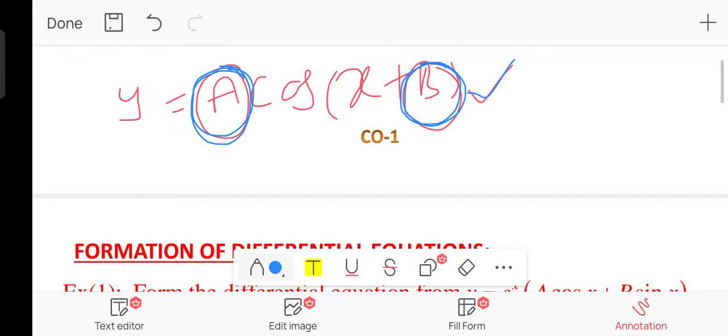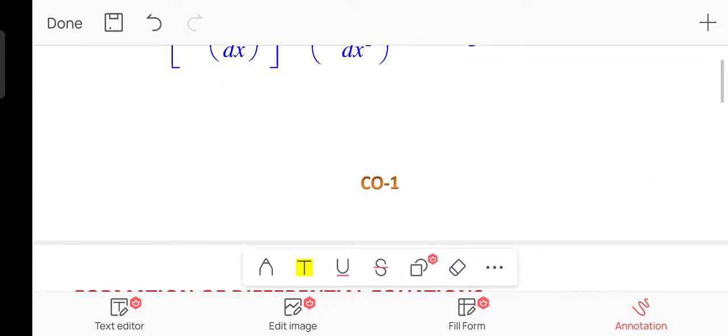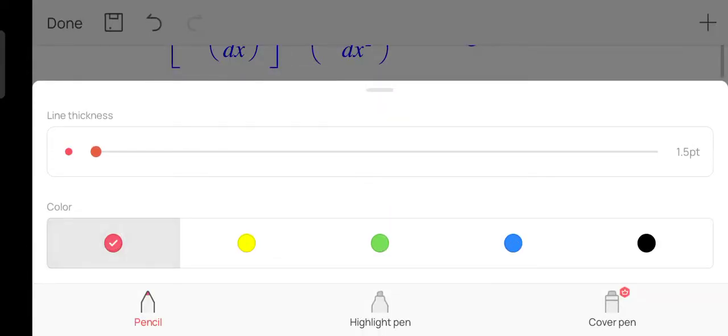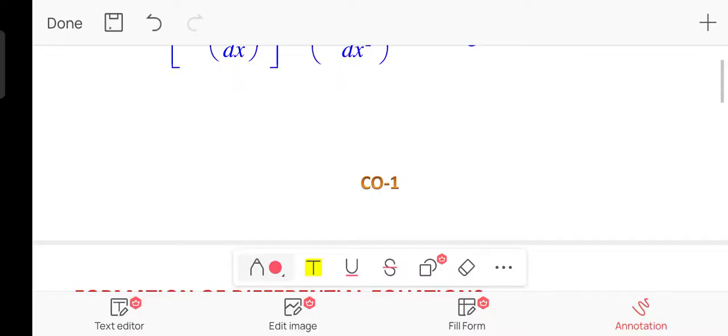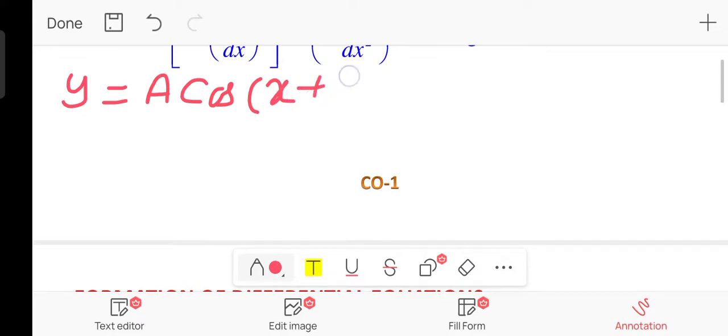And now students, let us see this problem. Let us consider the given solution is y equal to a cos x plus b.